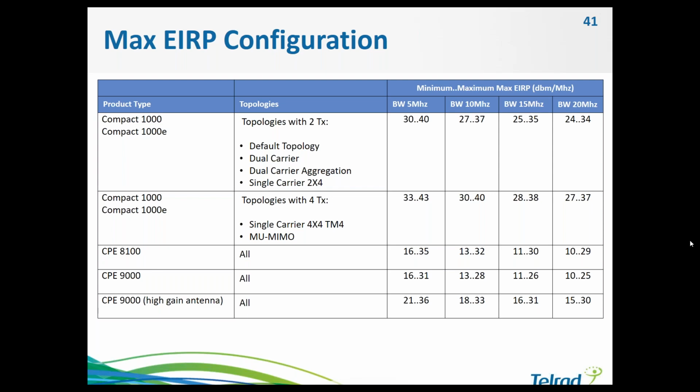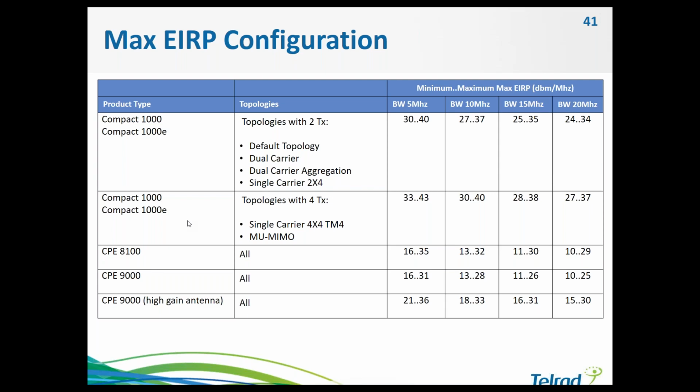The first row is the topology with the 2 transmission ports, like a default topology. And if we work in a 20 megahertz channel, the range is between 24 to 34 dBm per megahertz. These are the parameters that you need to configure.